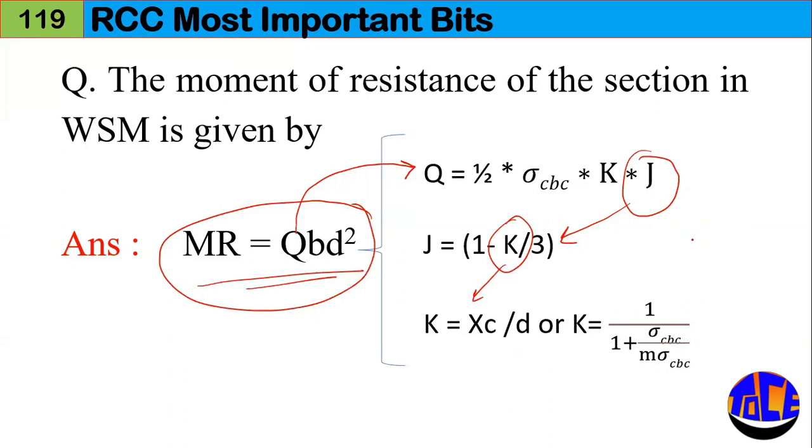For this, you need to multiply M in the denominator. So this is the moment of resistance in the working stress method. This is how you will calculate the moment of resistance.